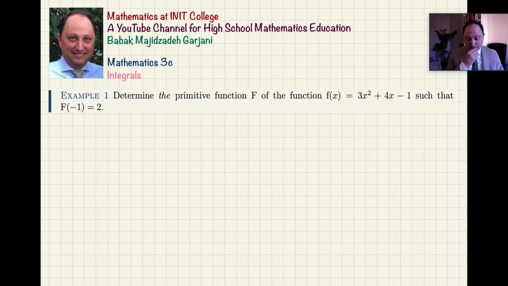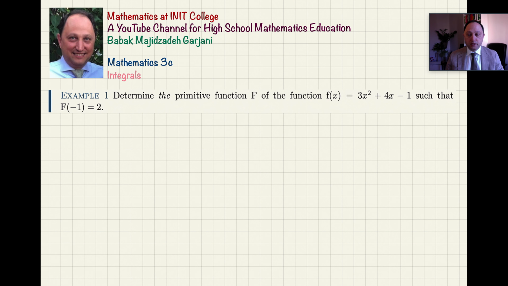Okay, now I want to give two more examples. If I remember correctly, I haven't given you any examples related to this article, the primitive function. If you remember, we talked about primitive functions and we solved quite a few examples there. And then I told you that there are three articles that people mention when dealing with primitive functions.